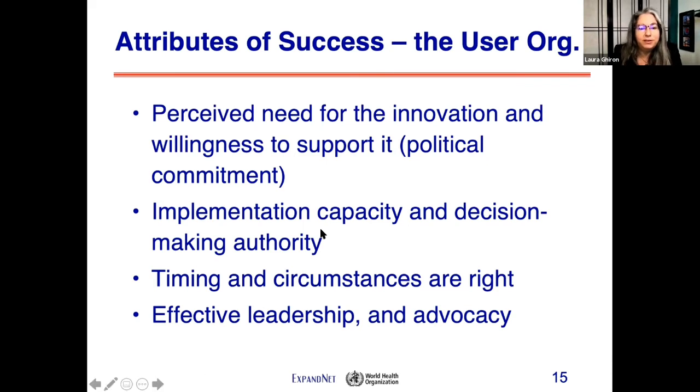So here are some of the attributes of a user organization that are more likely to lend themselves to successful scale up. They should perceive the need for the innovation. They should be willing to support it. There should be commitment. They should have the necessary capacity and the decision-making authority.